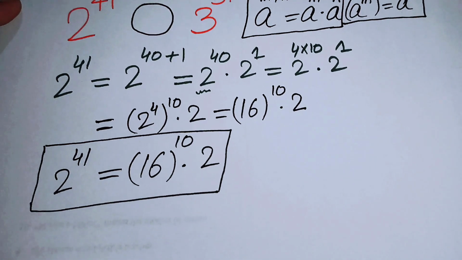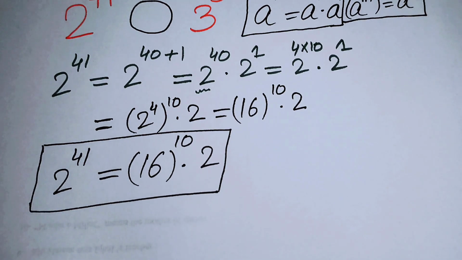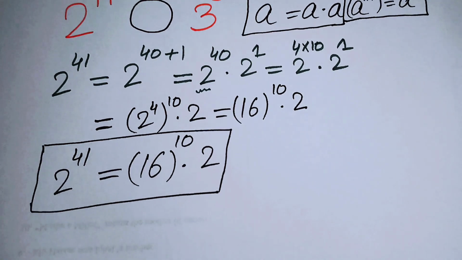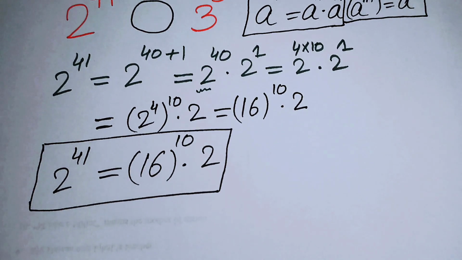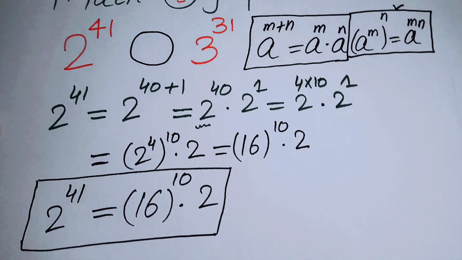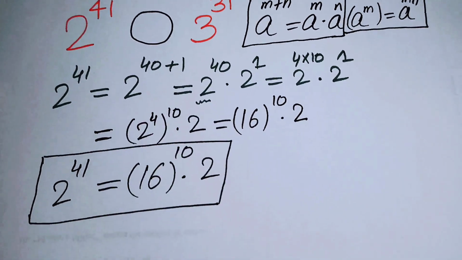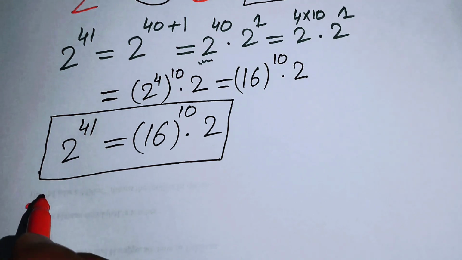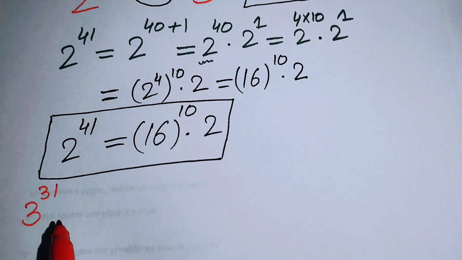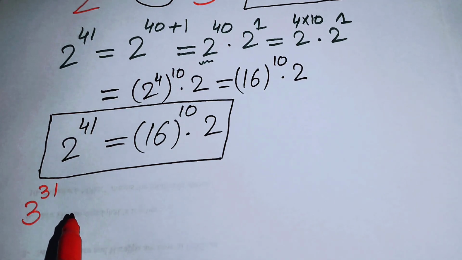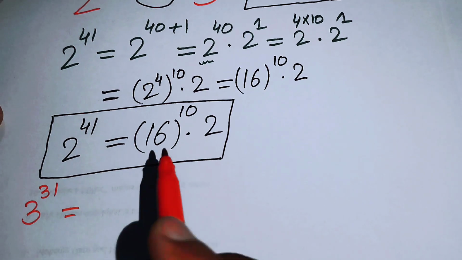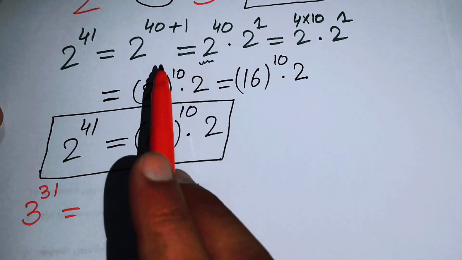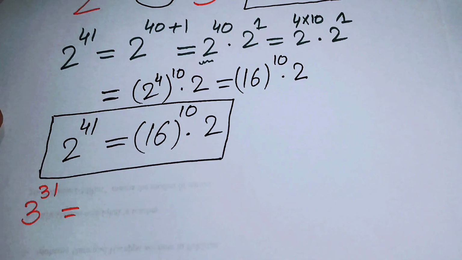And now similarly we can simplify the second number, which is 3 to the power of 31. We can apply the same steps which we applied to 2 to the power of 41.